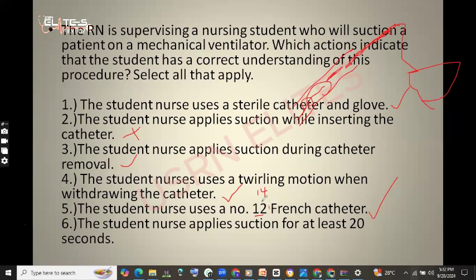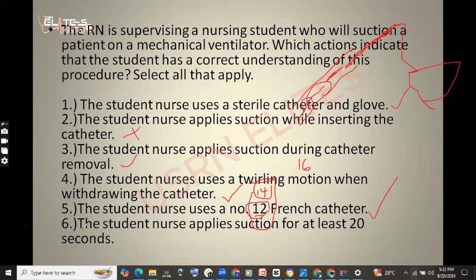I think the 12 is white, the 14 is green, and the 16, the color coding is orange. So mostly between 12 and 14. That's the ideal.